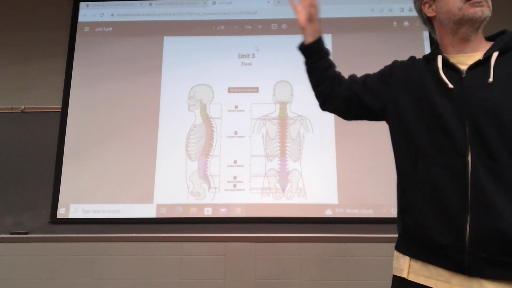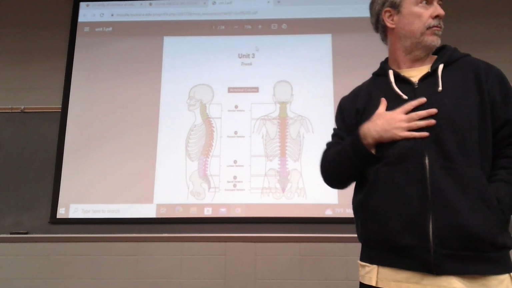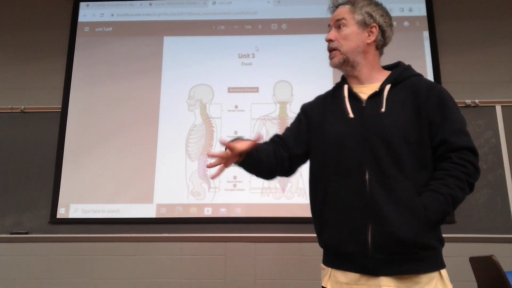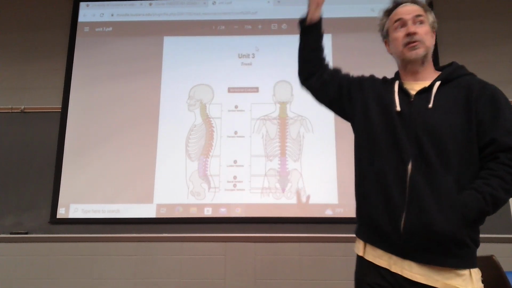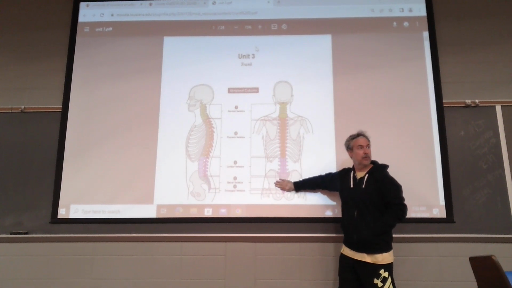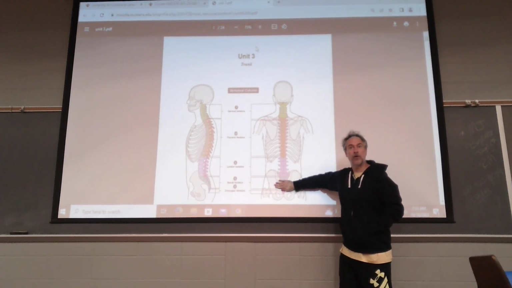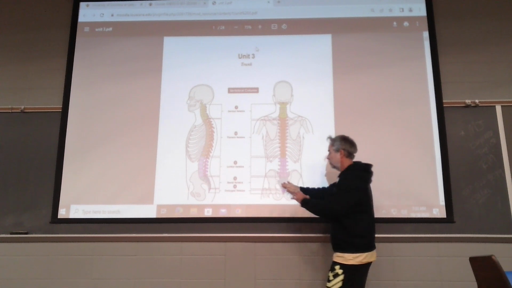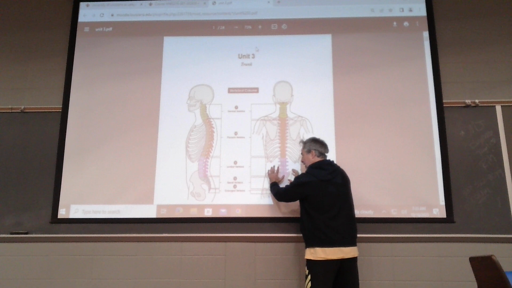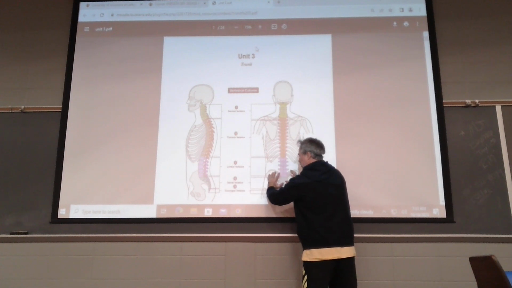You don't want to build a skyscraper in Delcambre, Louisiana, where I'm from. That ground's too soft. You need a solid foundation to build a tall skyscraper. And that's what this is, our sacrum, our fused bedrock vertebra. Now, our sacrum articulates with our ilium, and this forms our pelvic girdle.